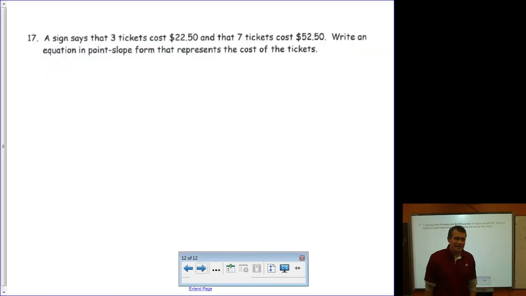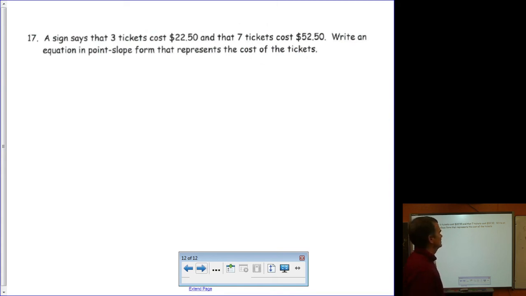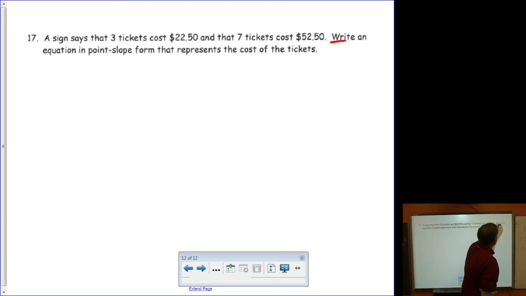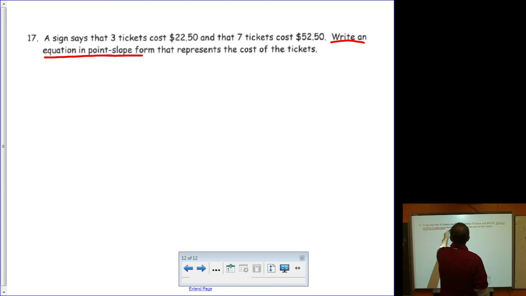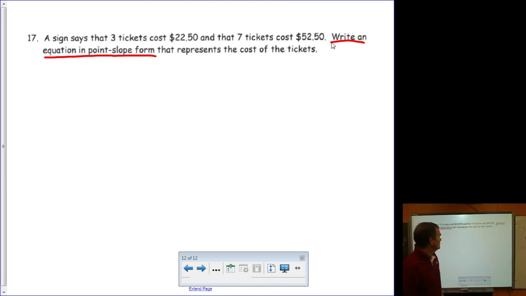Problem 17. All right, it says a sign says that 3 tickets cost $22.50 and 7 tickets cost $52.50, and I am supposed to write an equation in point-slope form that represents the cost of the tickets. All right, so one of the things that's been given in this problem is they gave you 2 data points, right?